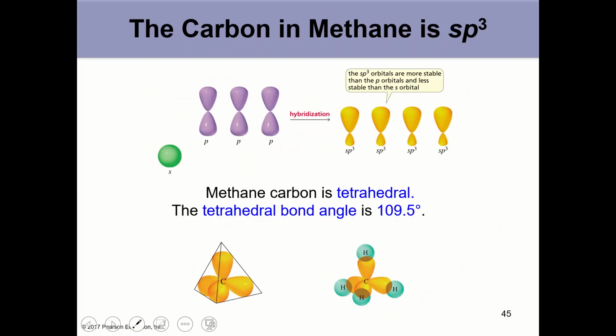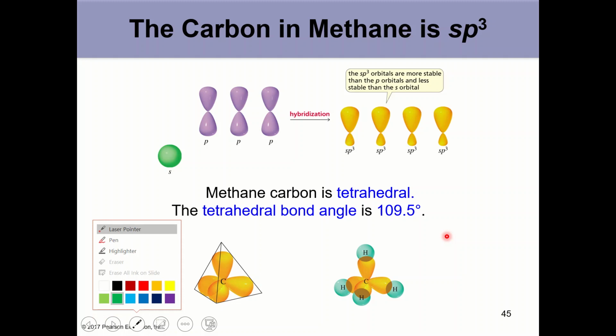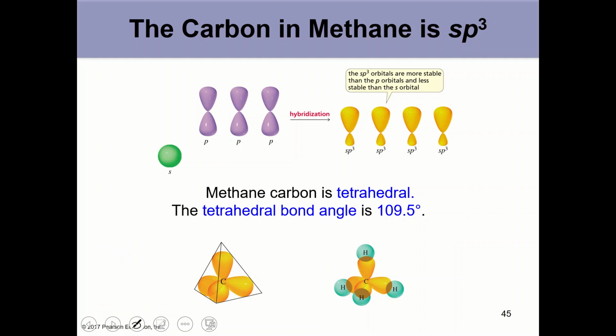Okay, so now we have our sp3 orbitals, and these orbitals can form sigma bonds by end-on overlap. So if we have overlap with the large lobe of the sp3 orbital, that will form a sigma bond.